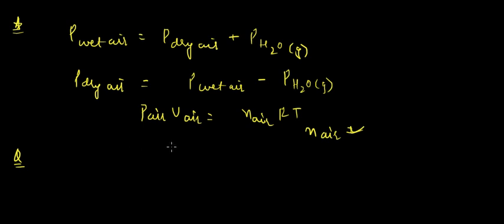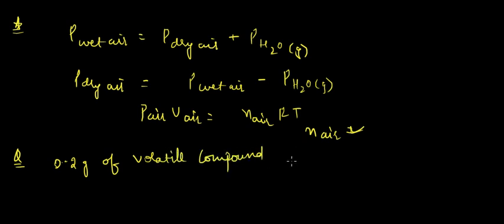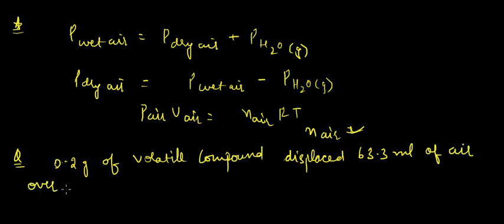So let's suppose in Victor Meyer's apparatus 0.2 gram of volatile compound displaced 63.3 ml of air over water at 20 degrees Celsius and 740 mm of mercury.